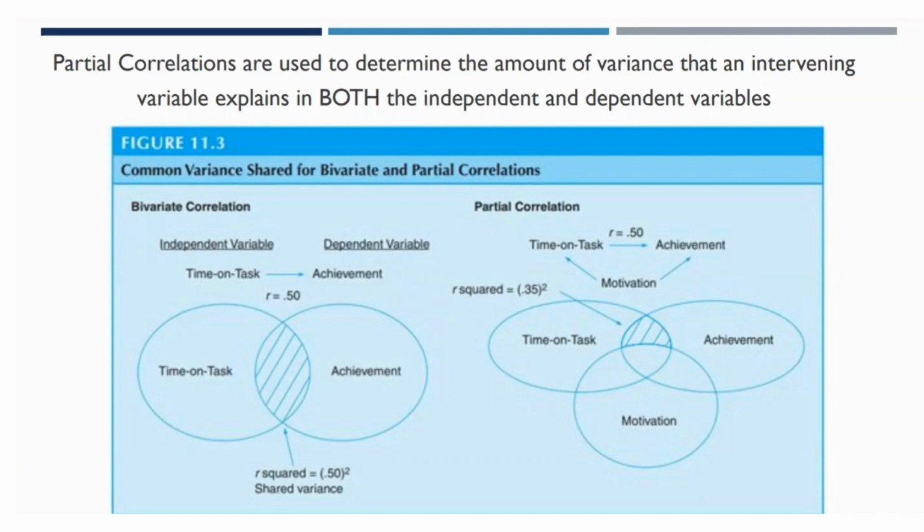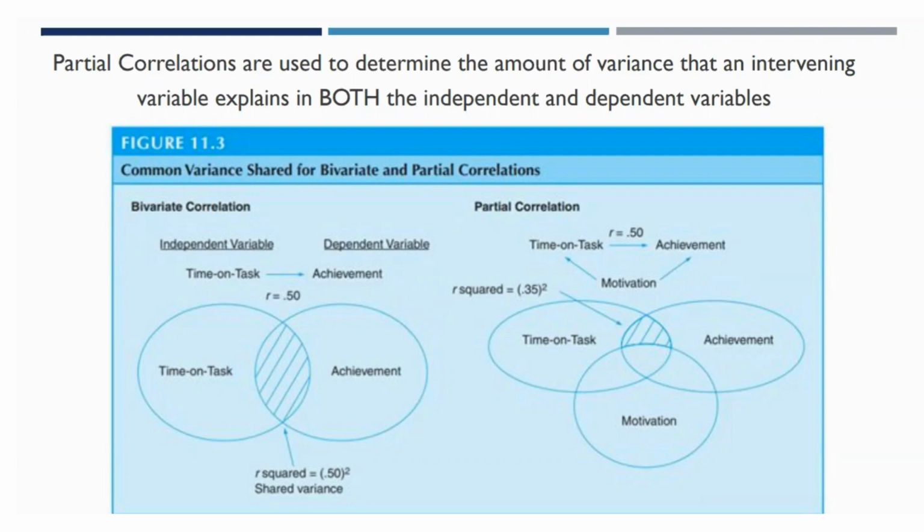So if you look at this figure here, 11.3, we have a bivariate correlation on the left-hand side. There's only two variables on here. So we have our independent variable, which is time on task, and a dependent variable, which is achievement. You can see in the middle where they intersect, we have an R squared of 0.5, which is a shared variance.